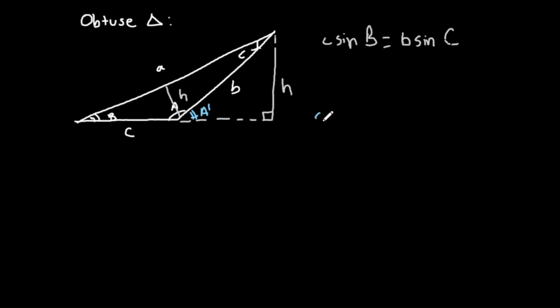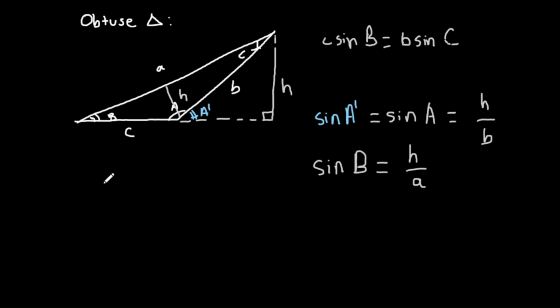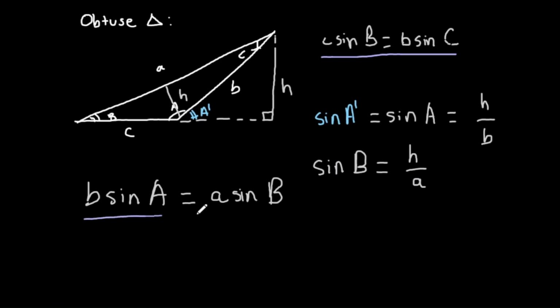Therefore, we have sine of A dash is equal to sine of A, and sine of A dash from this right angle triangle is in turn equal to h over b. And from this big right triangle, we also have sine B is equal to h over a. Again, we will have b sine A is equal to a sine B. When combining these two expressions, we obtain the sine rule for obtuse triangles.